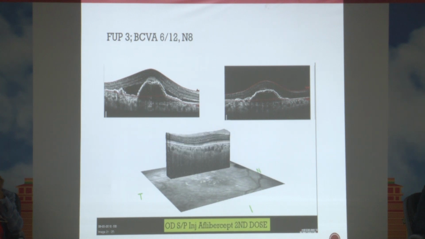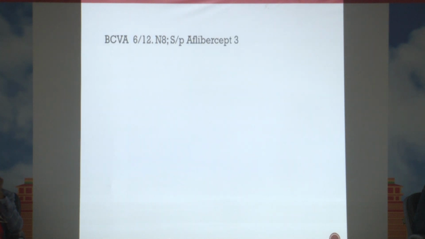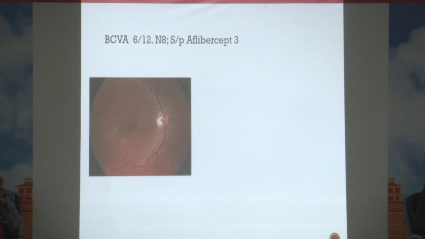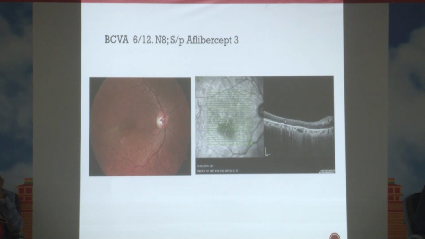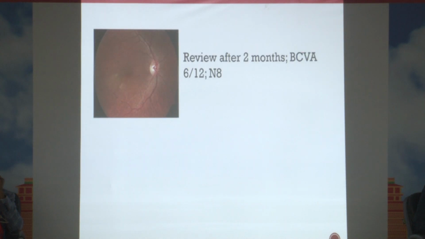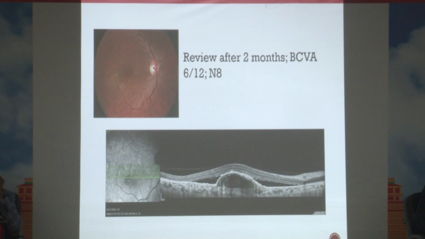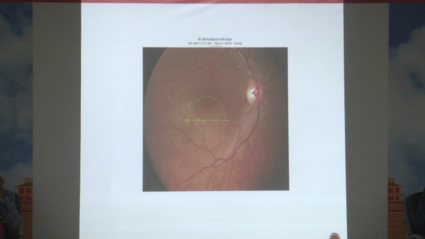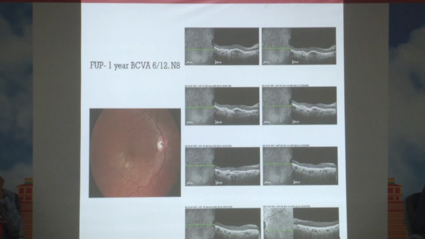The patient was then treated with aflibercept, but there was hardly any response with aflibercept either. So we added PDT to the case, and ultimately the patient recovered. This is the sequence of the OCT pictures of the same patient.